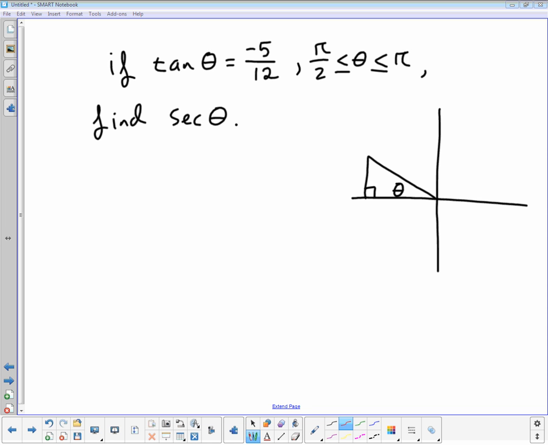Okay, so I'm living in the second quadrant, so whatever my triangle actually looks like, it's going to have this general shape. Remember, we're always dealing with a reference triangle. We want to go to the x-axis as fast as possible.